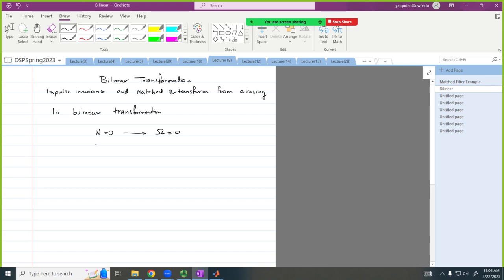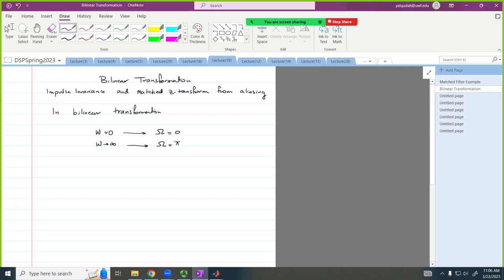And when I am at a very high frequency, what is the highest frequency in the continuous time domain? Infinity. When W goes to infinity, I want the filter to map to an omega equal to the highest frequency in discrete time, which is pi.